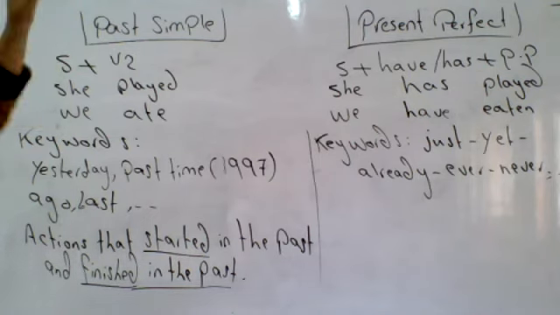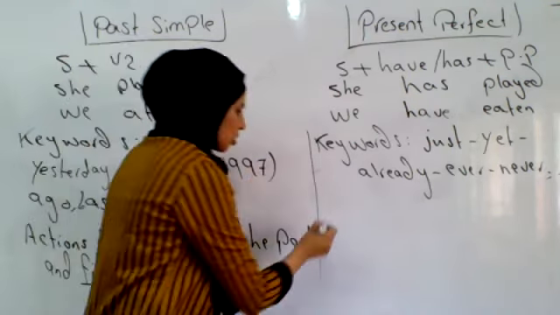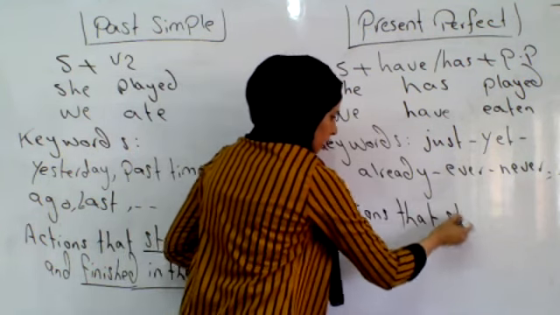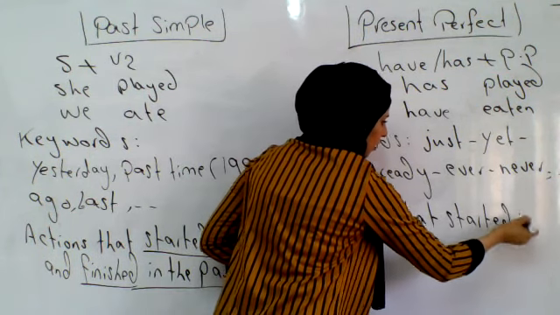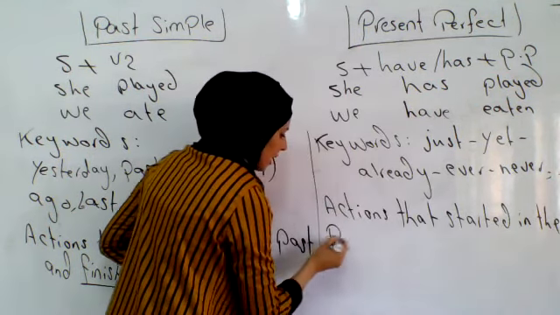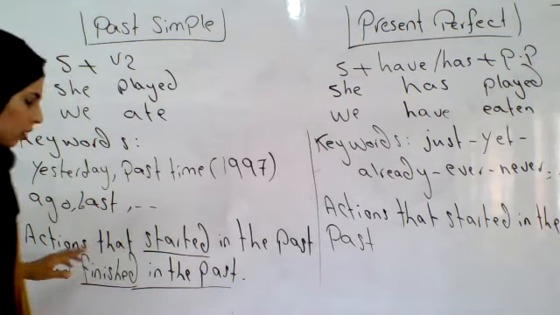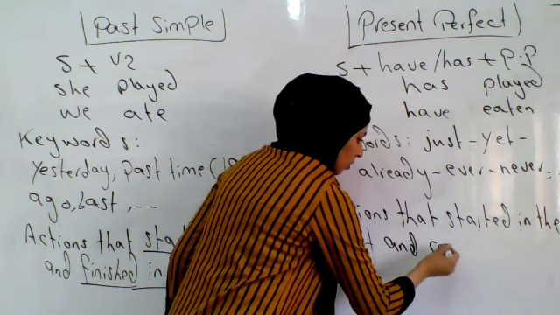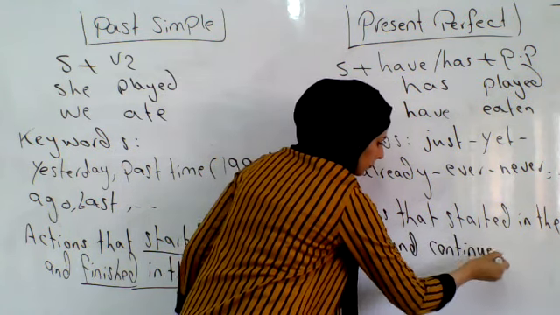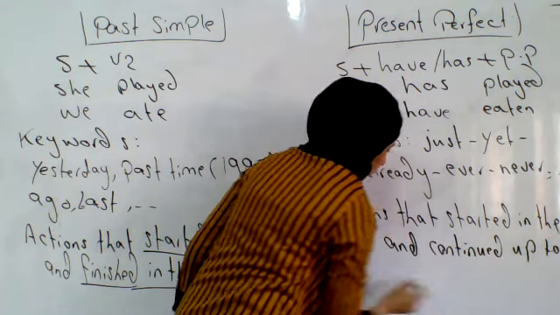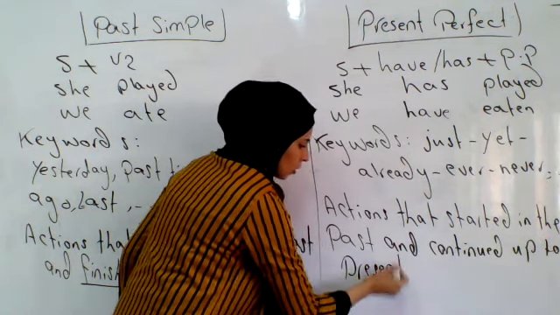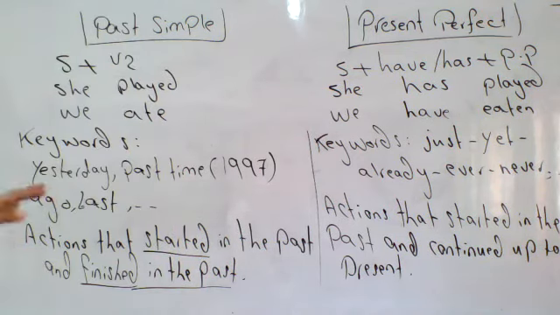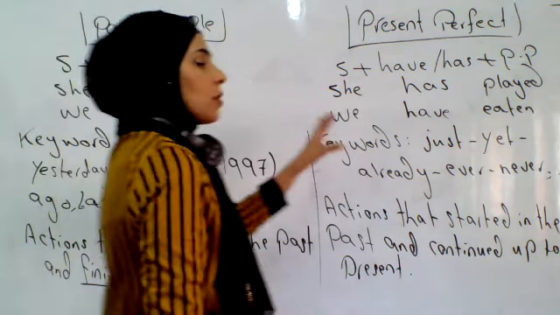In this type, we are talking again about actions that started in the past, exactly as past simple, started in the past, but continued up to present. Continued up to present. That is present perfect.